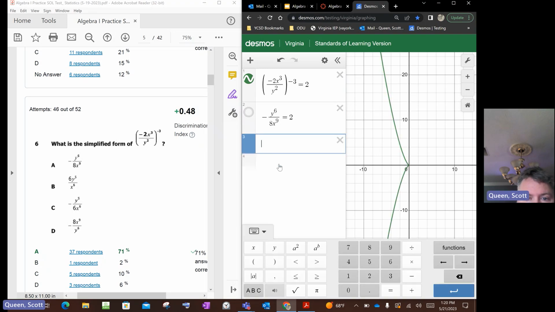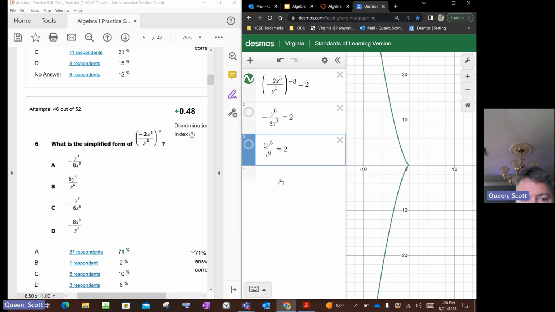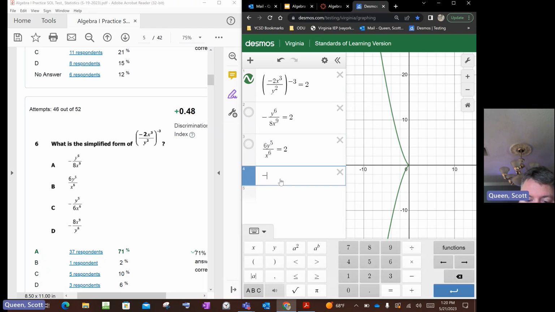All right, B, 6y to the 5th. I forgot to put my divisor bar. That's okay. There we go. x to the 6th in the basement. And that's the whole answer except add that equals 2 out here. Okay, that clearly doesn't match. So still moving on. We're on C now, negative divided bar. Up top, I got y to the 5th.